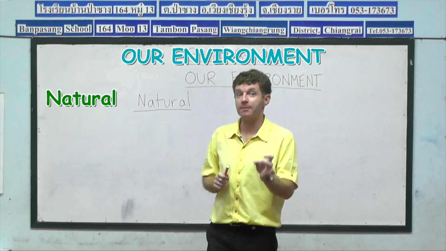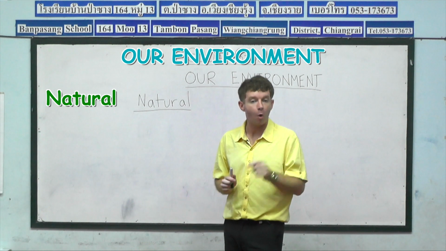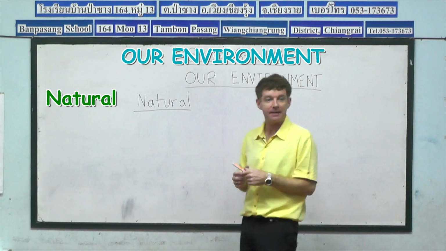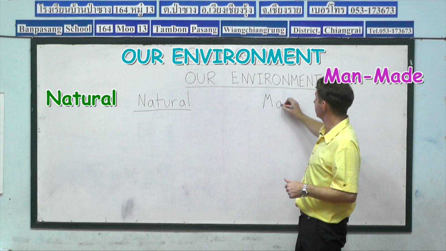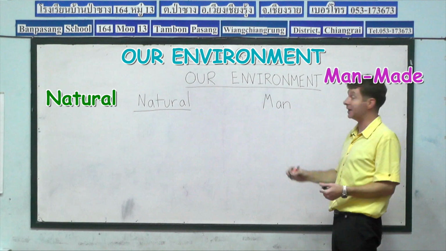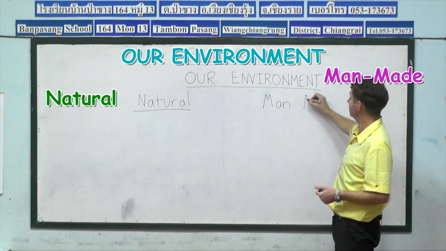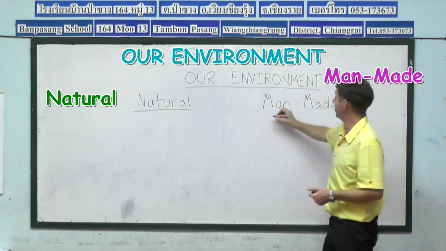So the other type of places in our environment that we have to build are what we call man-made. M-A-N for man, because usually it's man who makes it. And then made, M-A-D-E.